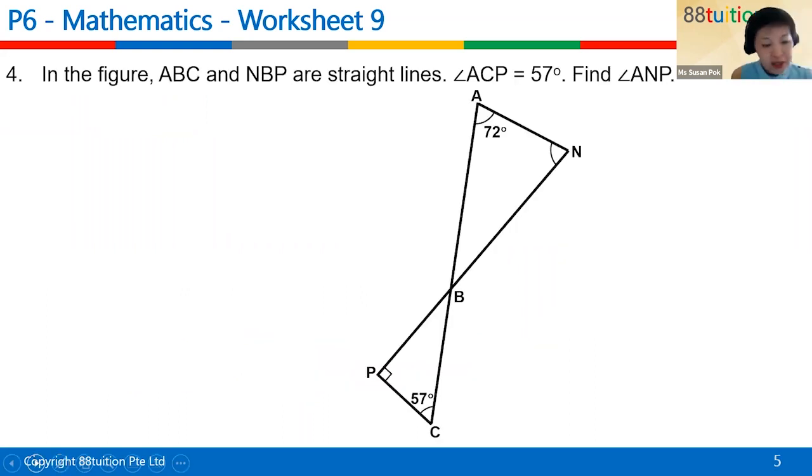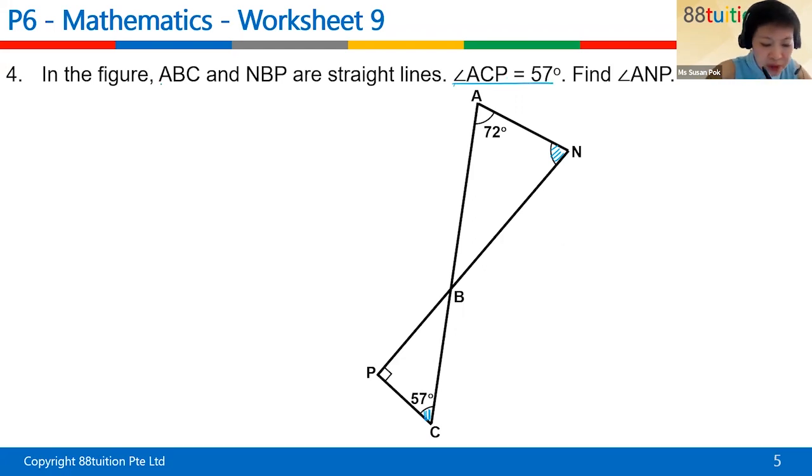Okay, in the figure, ABC is a straight line, and BP is also a straight line. Angle ACP is 57, and find angle ANP, which is this one. All right, how can we do this?